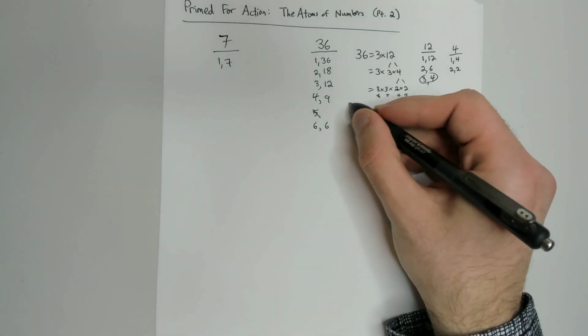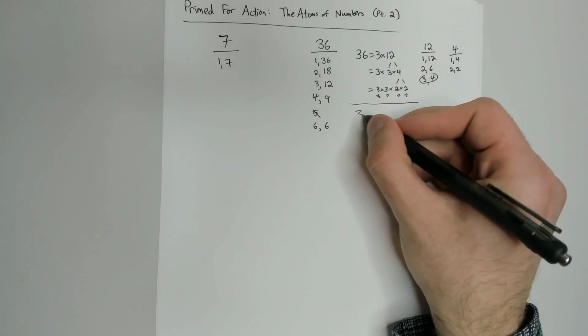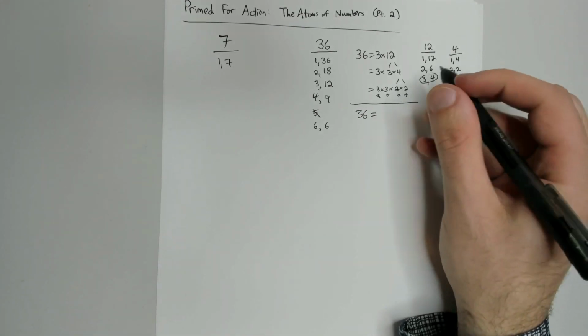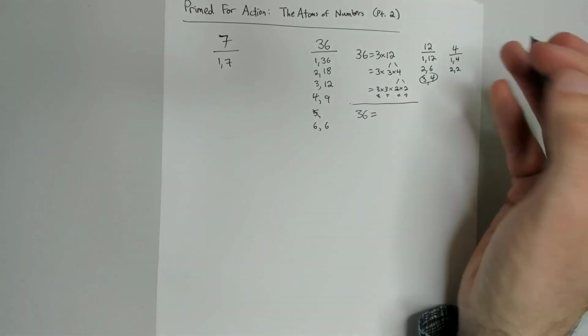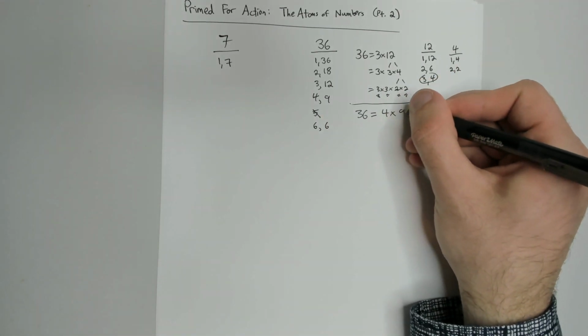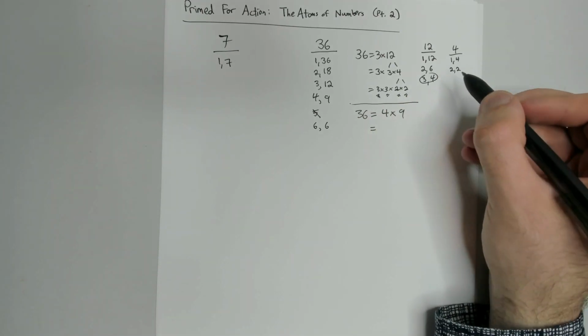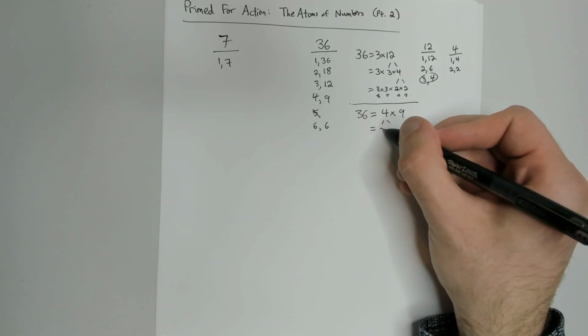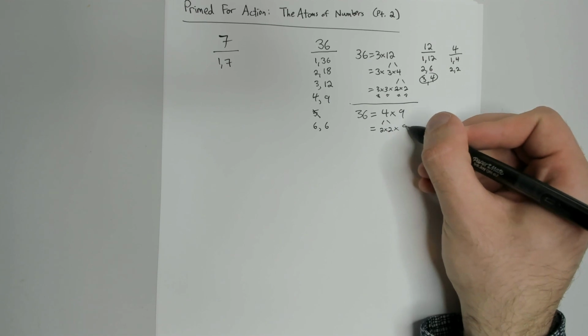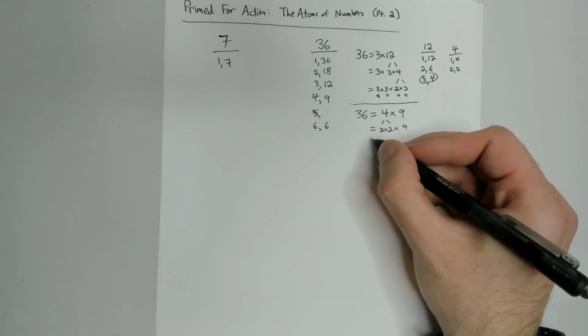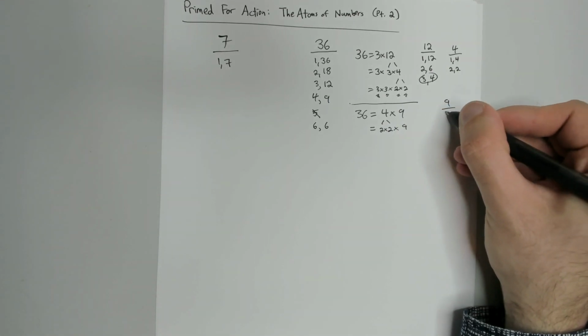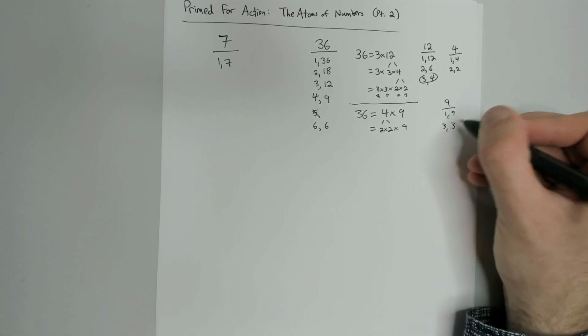Okay, so let's try this again, but with a different set of factors for 36. So let's try 4 and 9. All right, if I take 4 and 9, I can split up 4 like I did before into 2 times 2, and we get this. And then I can also take 9, and what can I split that up into? Well, the factors of 9 are 1 and 9, as well as 3 times 3.